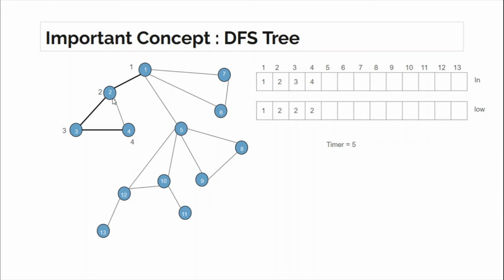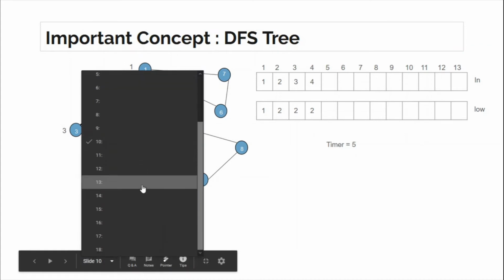That is, you must be connected to some ancestor which was discovered before me, but there is no ancestor which was discovered before root. So root would always come out to be an articulation point, no matter whether the root is an articulation point or not. So that is a problem, and we have to counter that fact.